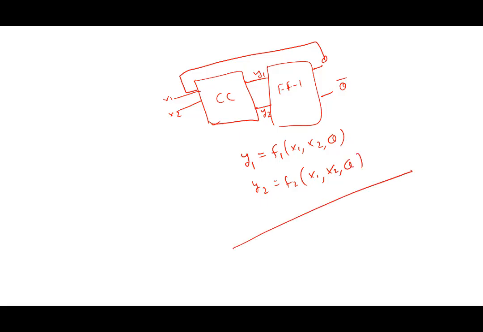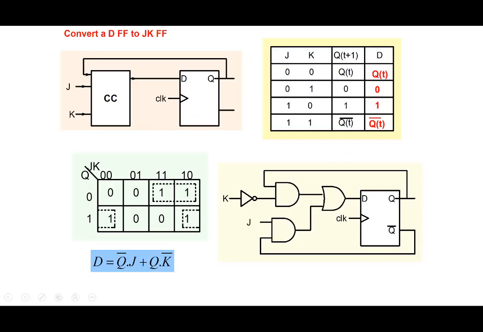So any old flip-flop, let's say flip-flop 1, you want to convert into flip-flop 2, the new flip-flop whose inputs are X1 and X2. Take the flip-flop that you have, add a combinational circuit to it, and then determine what the inputs of the old flip-flop have to be in terms of X1, X2, and Q. The procedure we have illustrated using this particular example.